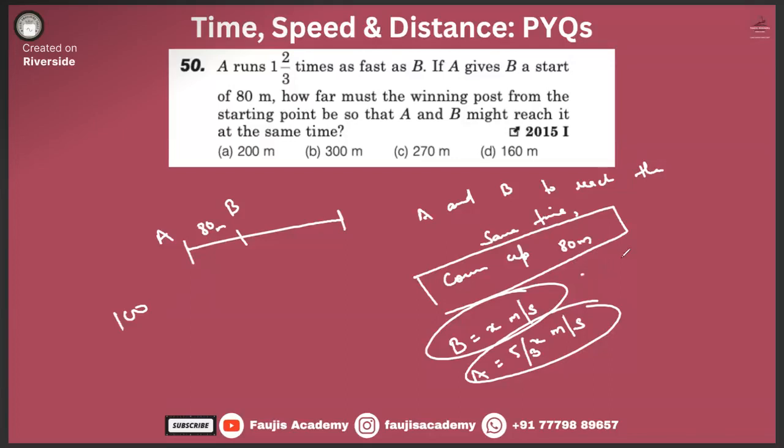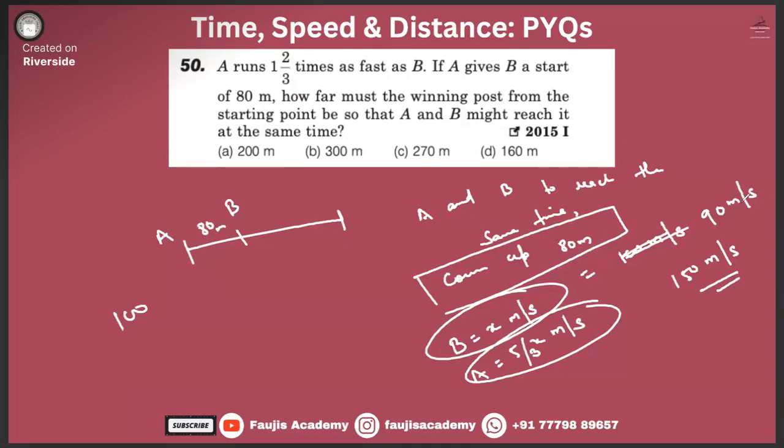Let us assume B runs at the speed of 100 meter per second. Okay, let's not assume 100. Let's assume some different number, maybe 90 meter per second. So A will be running at the speed of 150 meter per second. Yes or no?